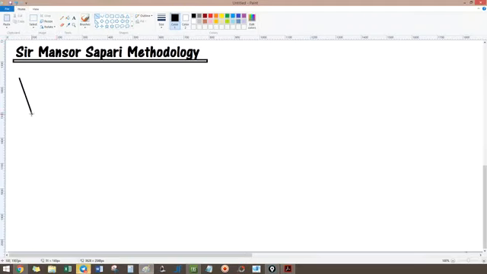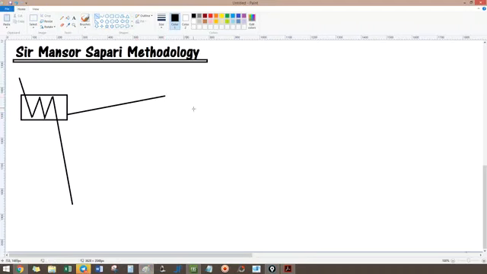For example, you got a base here. For example, you got a rally base drop, drop base rally. Okay. So if you zoom in here, you will find something like this.